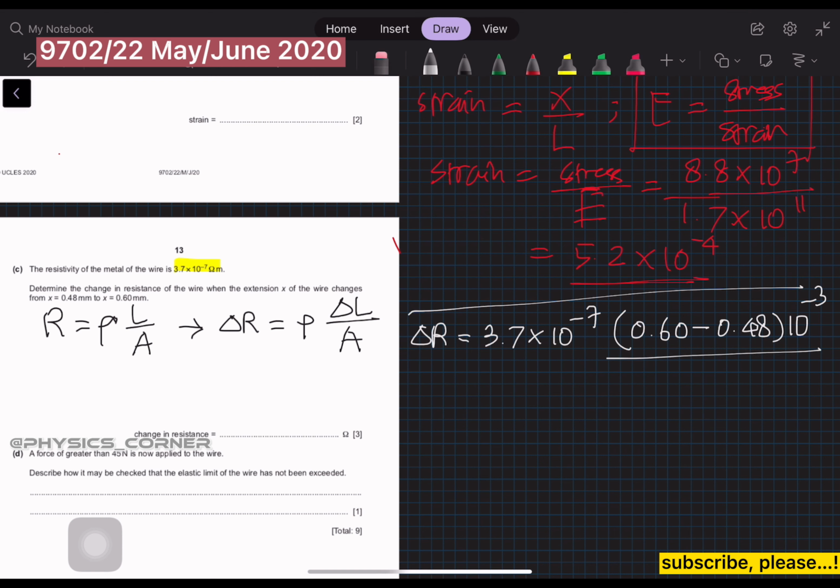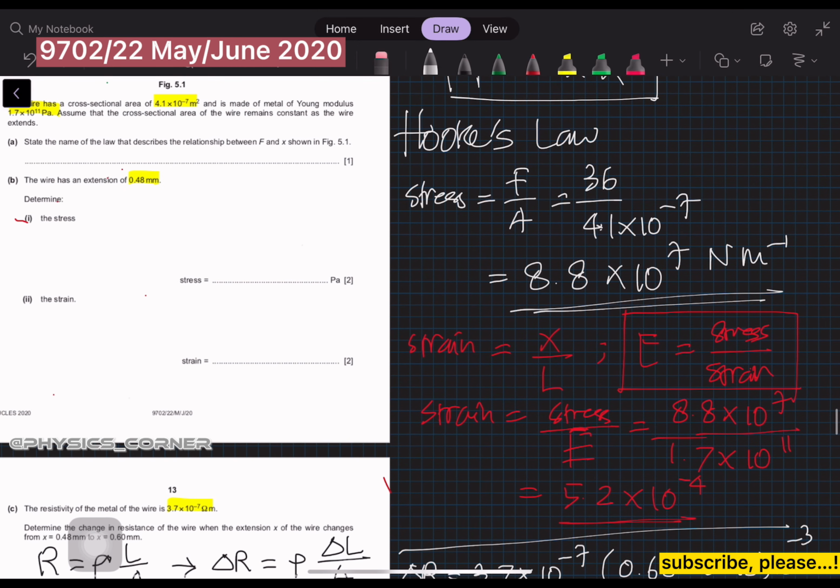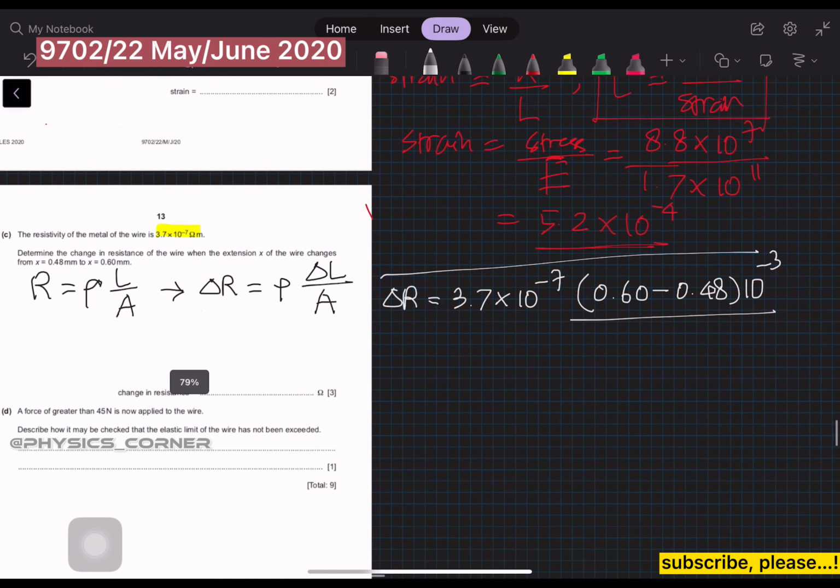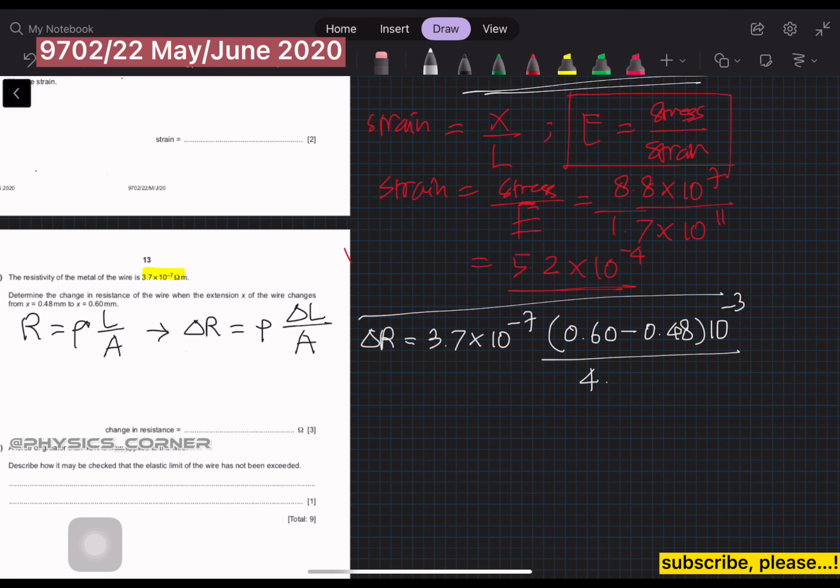Then divided by the cross-sectional area, 4.1 times 10 to the power negative 7. Maybe we can cancel the 10 to the power negative 7 first. The answer is 1.08 times 10 to the power negative 4 ohms.